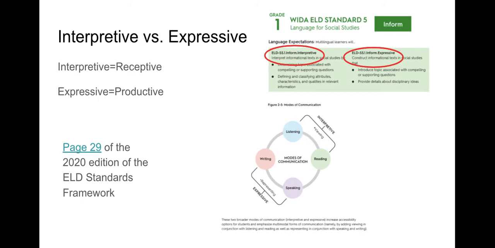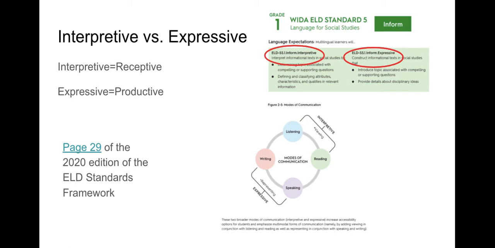Now that you've unpaused and had a chance to look through the grade level clusters, we're going to talk a little bit more in depth about interpretive versus expressive. If you are familiar with the older WIDA standards, the 4 modalities were spoken of a lot: reading, writing, speaking, and listening. In the updated standards, they have combined those 4 modalities into 2.